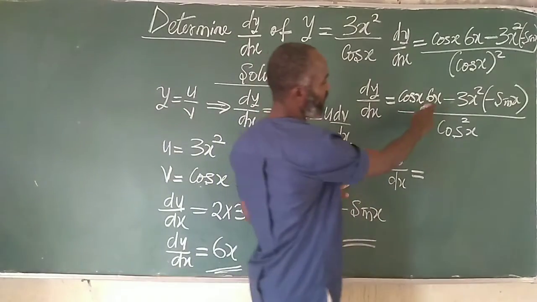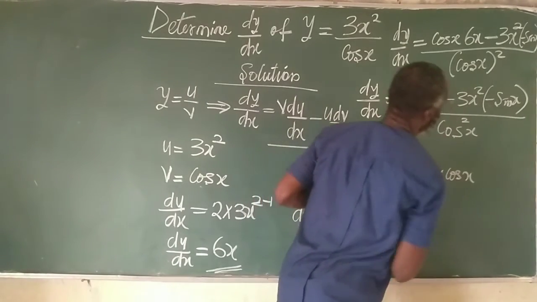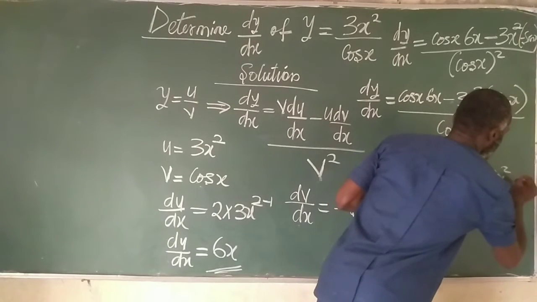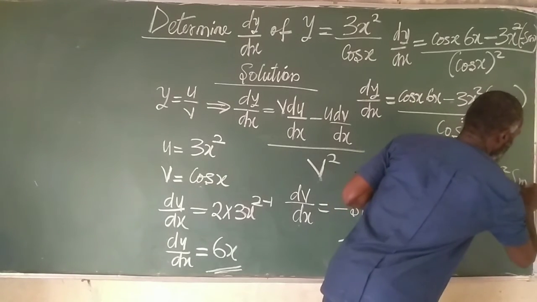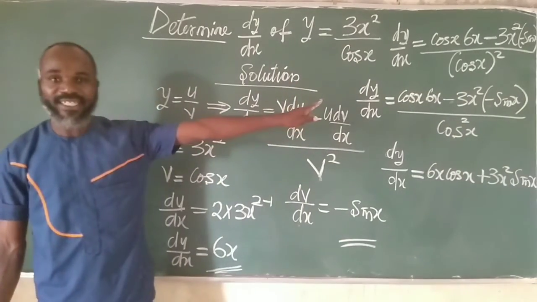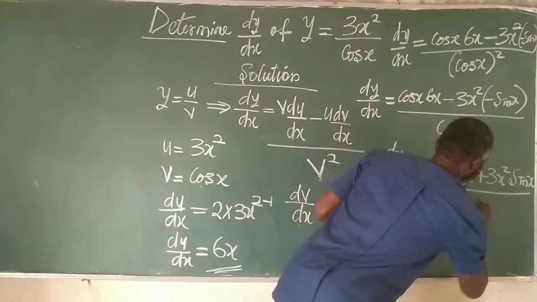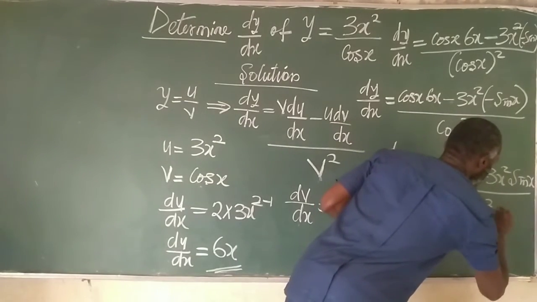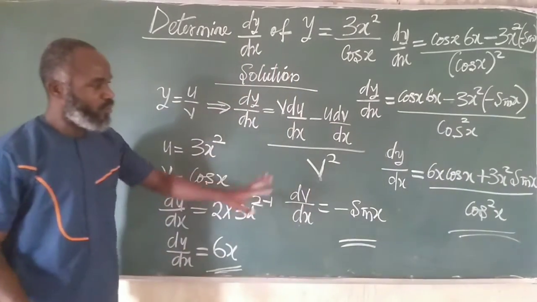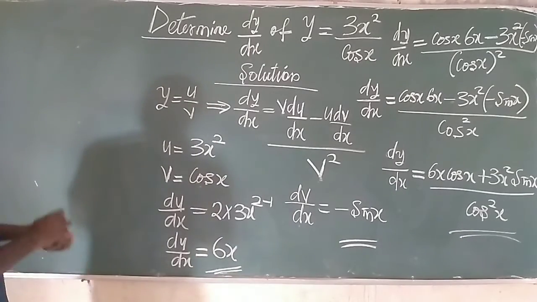This can become 6x cos x, and then this becomes plus 3x squared sine x. We have simplified the numerator, and we're going to keep the denominator the way it is for now. Quite interesting, right? We can continue from this side.